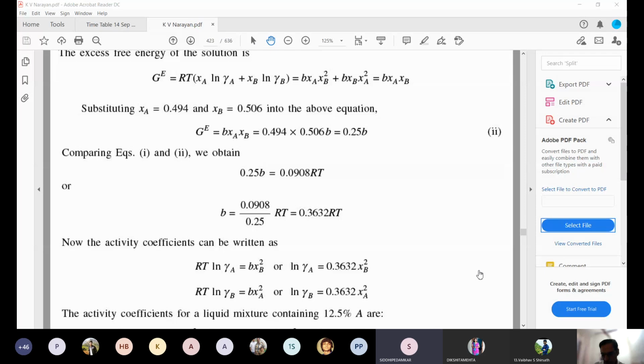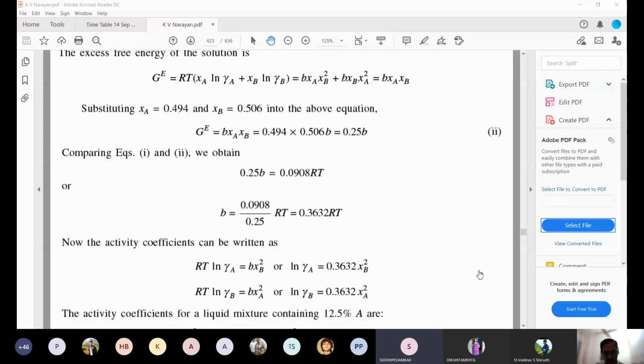Yes sir. Now in this case, we don't know yi, we know only xi. So we can find out yi into P is equal to gamma i xi into Pis. We know Pis, we know vapor pressure at that temperature, we know the composition given, 12.5%, and we know gamma, we have calculated gamma. So we can find out yi into P, right?